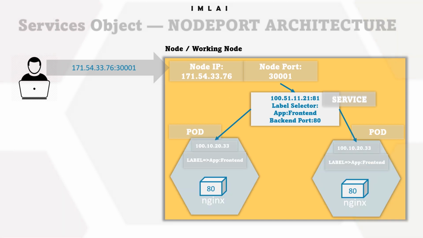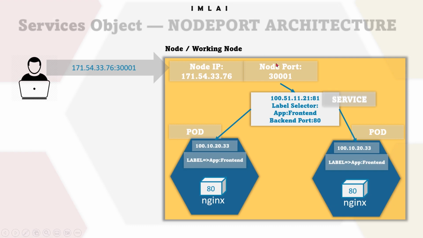Then we have this internal front end port. It's for internal communication, and it has a back end port. The back end port will be the port number of the container, obviously.